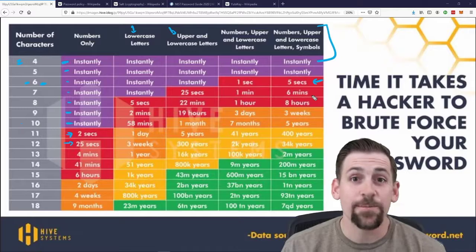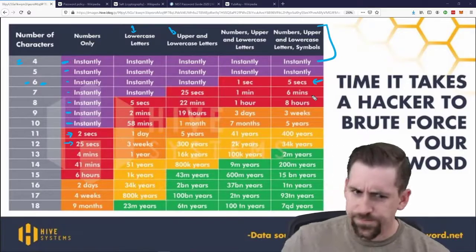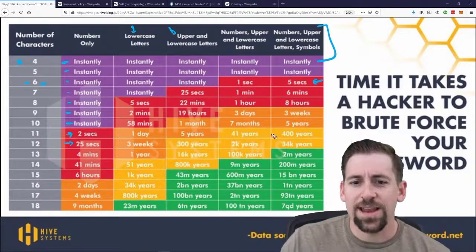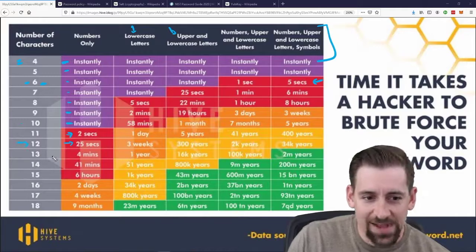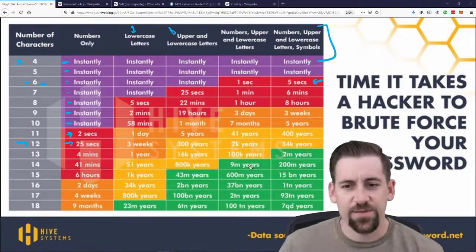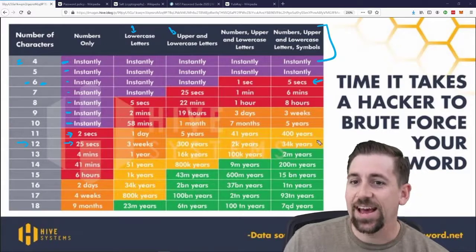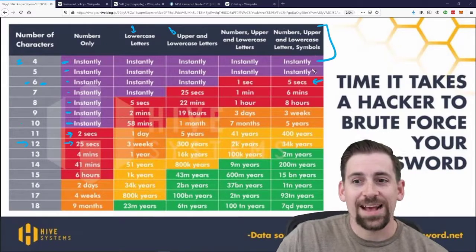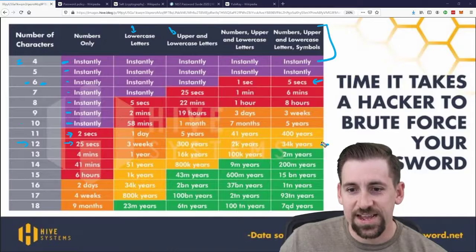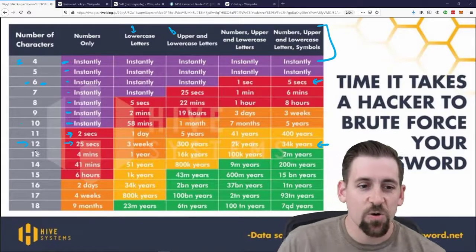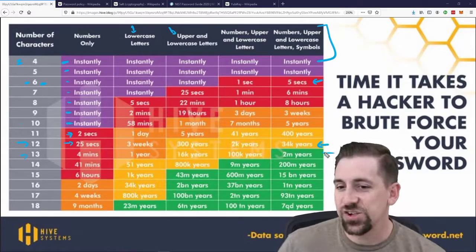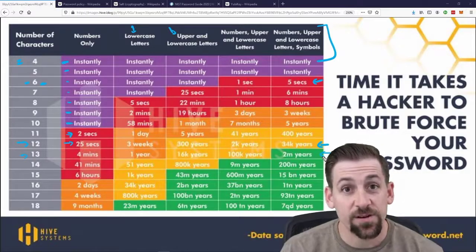5 seconds, not particularly long, right, Travis? I agree with you. How about now we start using longer passwords with higher degrees of complexity? Now, let's say with 12 characters and upper, lowercase, letters and symbols, it's going to take us 34,000 years. Or 13 characters, it's going to take us 2 million years to crack that password, right?